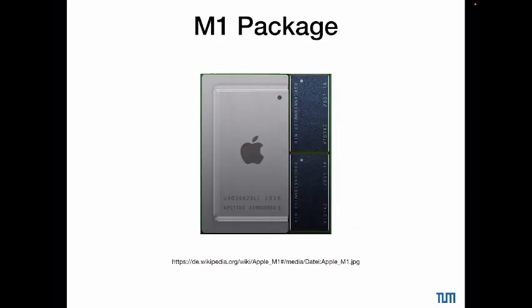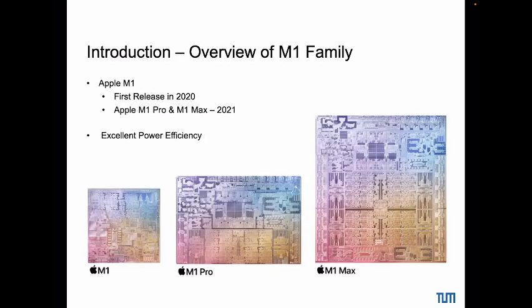A14, and more recently they introduced the M1, which is for laptops. They switched from Intel processors to their own M1 processors recently, and there is now already a family of the M1.